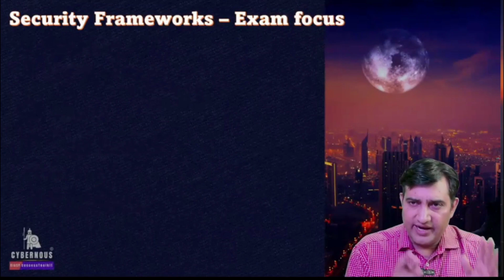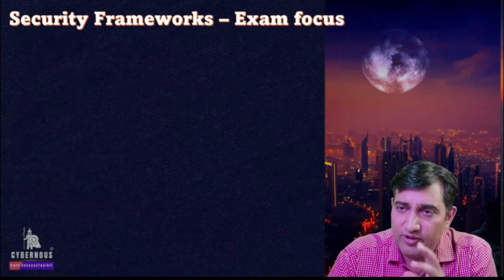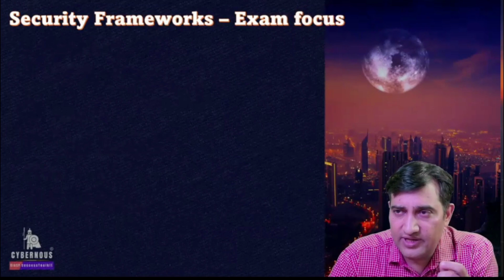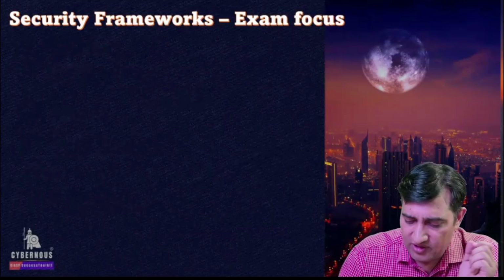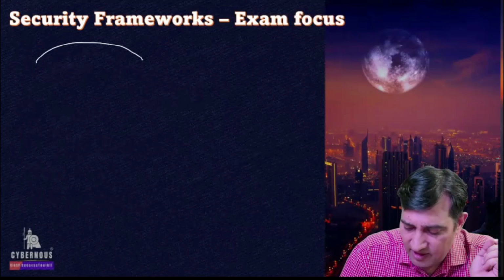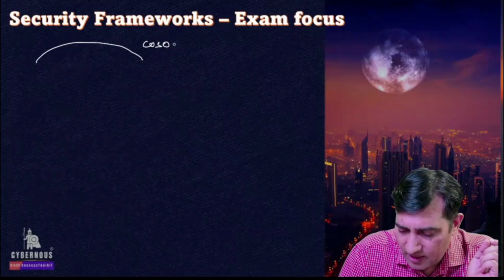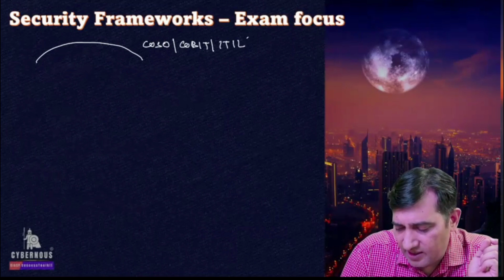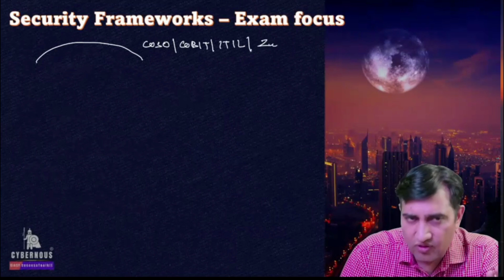Also, when you decide about your requirement, at some point of time, you have to go and pick up some controls, right? You have to take some guidance for that. So there are some very well established frameworks. Some are on the enterprise level. For example, COSO, there is COBIT, then there is ITIL, there is Zachman framework, all of it.